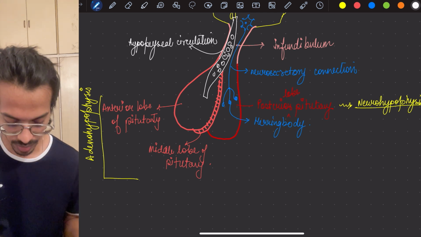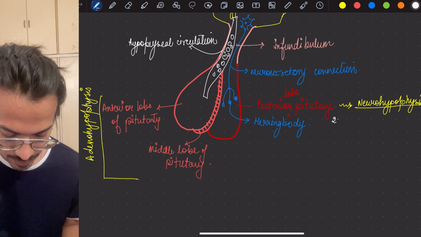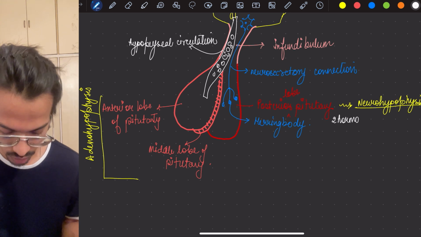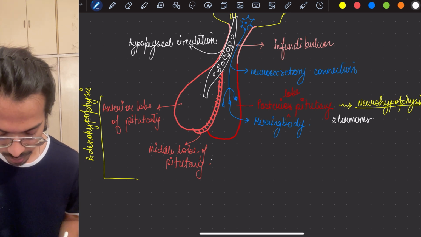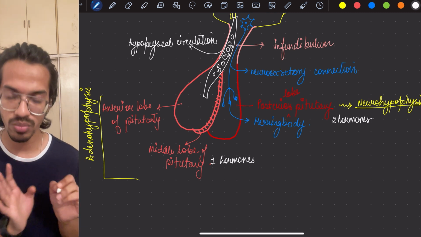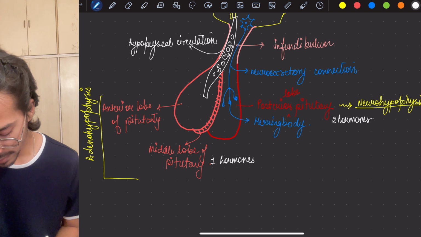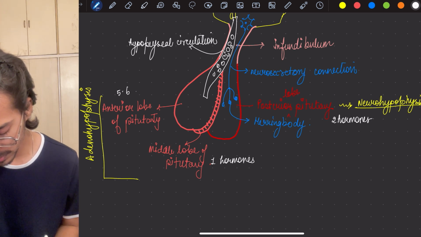So you have to remember, the posterior lobe will release two different types of hormones. Middle lobe will release one type of hormone, whereas anterior lobe of pituitary will release 5 to 6 types of hormones.